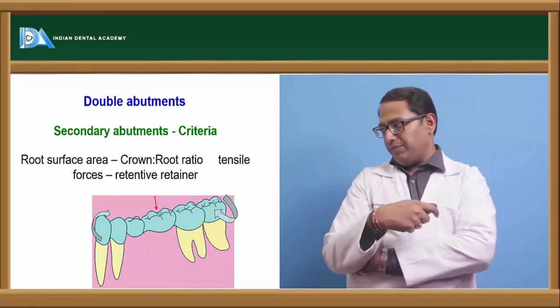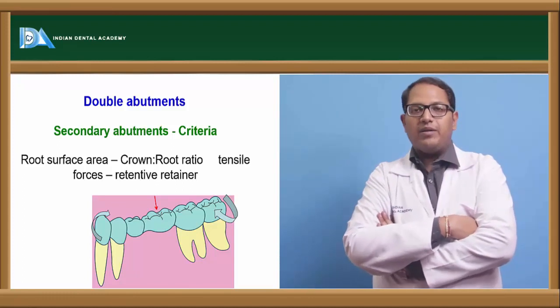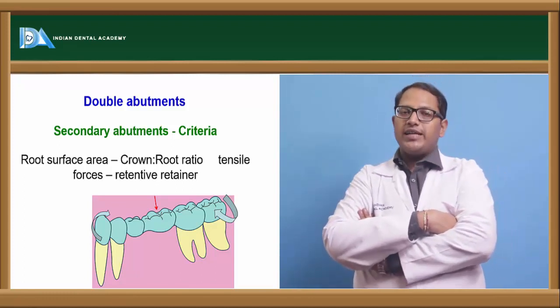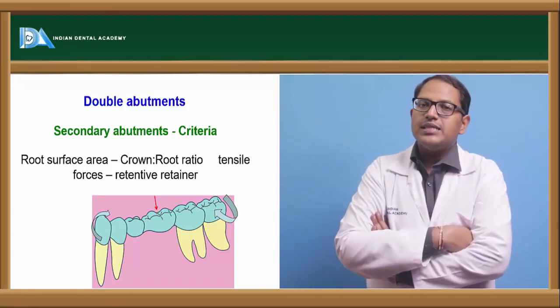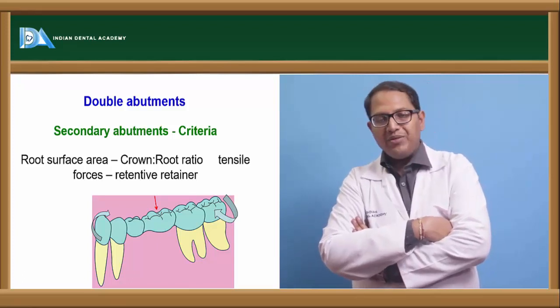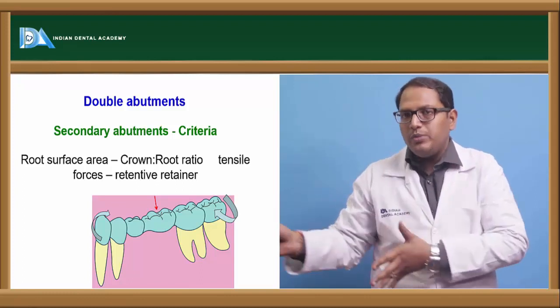What are double abutments? We have secondary abutments. If our primary abutment is not enough to support the fixed partial denture and the pontic that we are planning, use the neighboring tooth as well, and it will be called a secondary abutment, so that the stress will be distributed between two abutments.